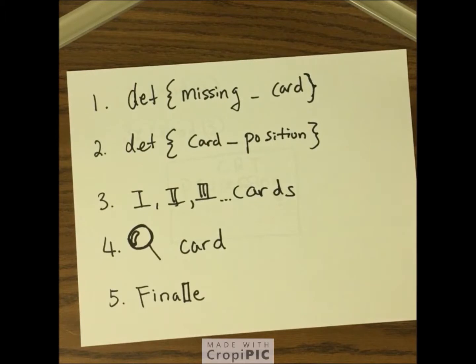So, a normal Si Stebbins stack performance is in the following order. First, the magician will determine the missing card by glancing at the deck. Then, he will, quote-unquote, listen to the deck and determine the card's position.